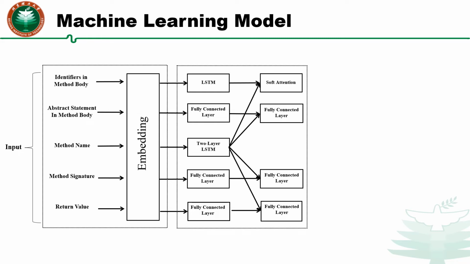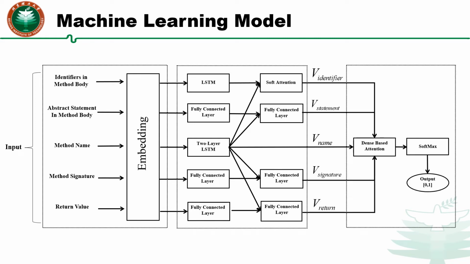Finally, we get the vector representation of each feature respectively. And then in the third part, we use the attention mechanism to process the above 5 encoding representations, and finally get an output in the range of 0 to 1, where 1 indicates that the method name is inconsistent.